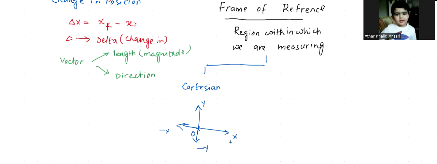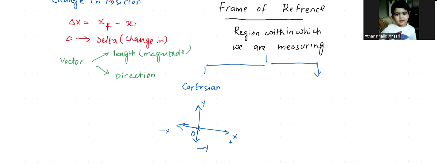These are the planes within which an object is placed or moving. And the other one that we usually use, if I remember, was named the cardinal system.